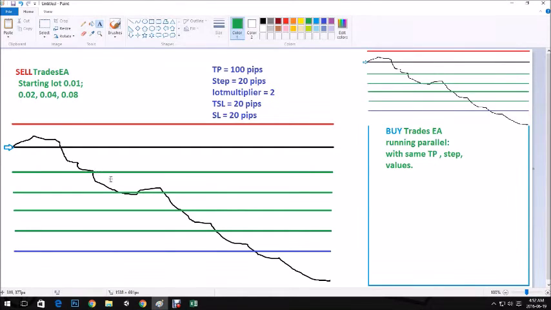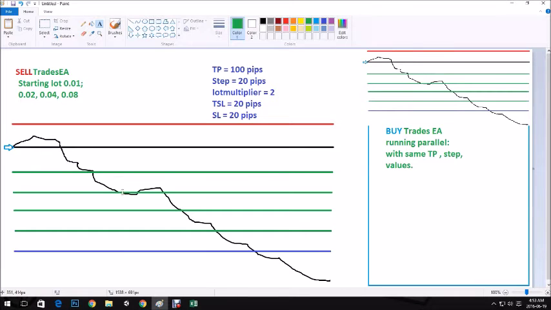At this point, when the market moved 20 pips in our favor the second time, first time it came here and second time it also came here, our first trade is now at 40 pips gain.